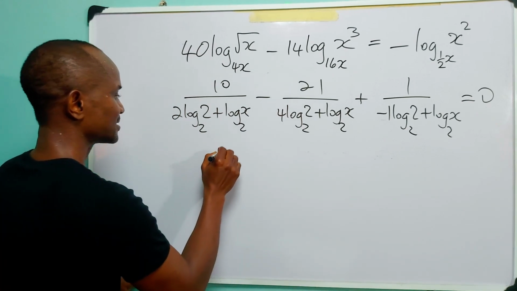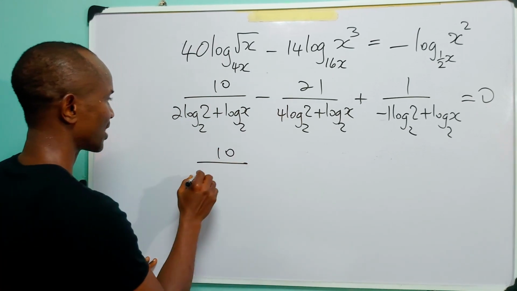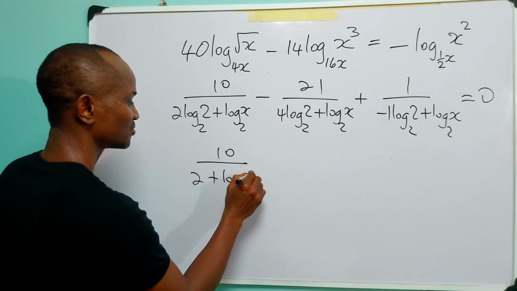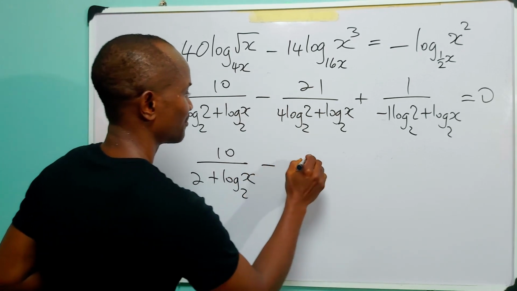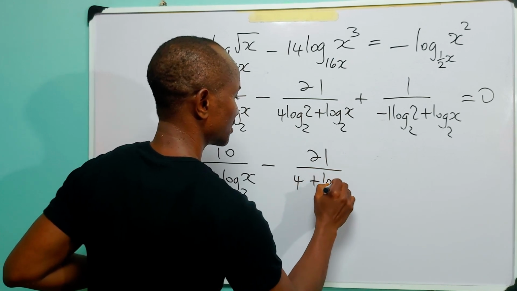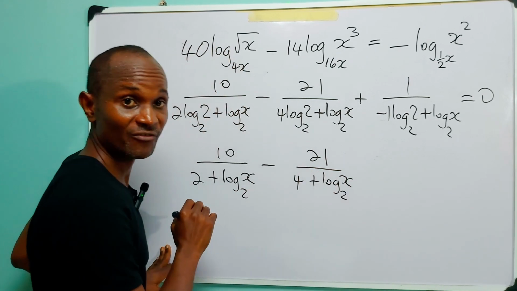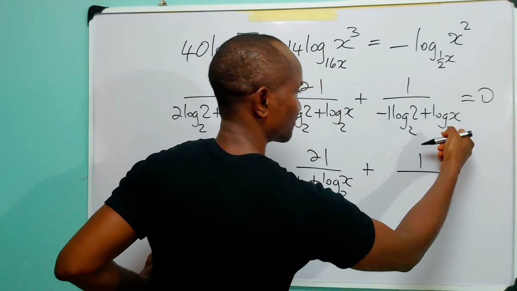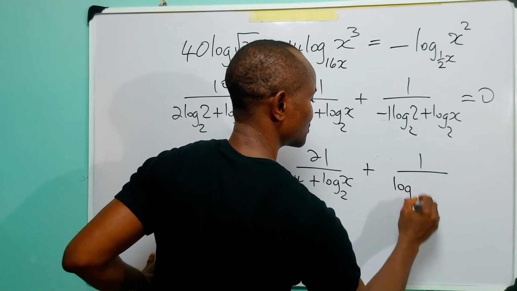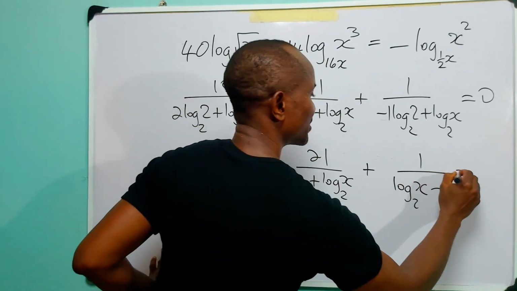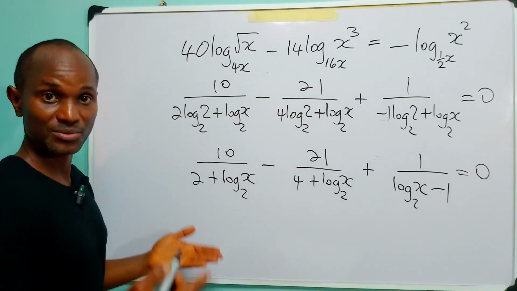So we can now write this as 10 over 2 plus log₂ of x, minus 21 over 4 plus log₂ of x, plus 1 over log₂ of x minus 1, and everything still remains equal to 0.